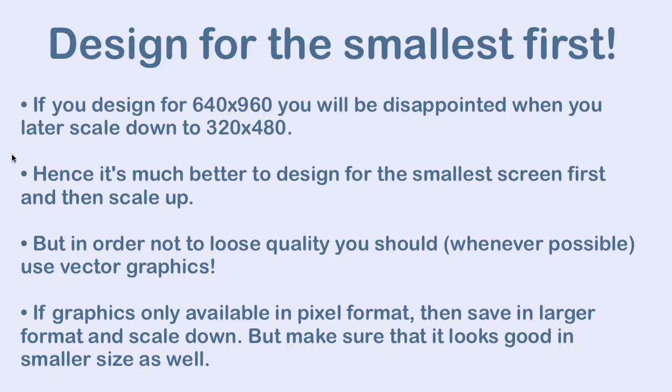It is much better to do it the other way around, and then scale up. But in order not to lose quality, you should use vector graphics. Now, there might be cases when you don't have a particular image as vector graphics, but only in pixel format. In that case, you will save it in larger format, but before you do, you have to edit the image so it also works with smaller sizes.